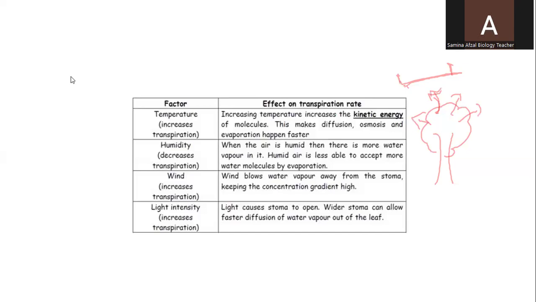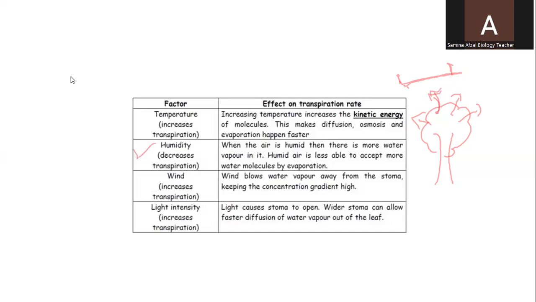So more transpiration will take place. We can say that the kinetic energy of the molecules is increased due to high temperature. So more transpiration takes place, or more water is removed from the aerial parts of the plants. At low temperature, the opposite of it will take place.